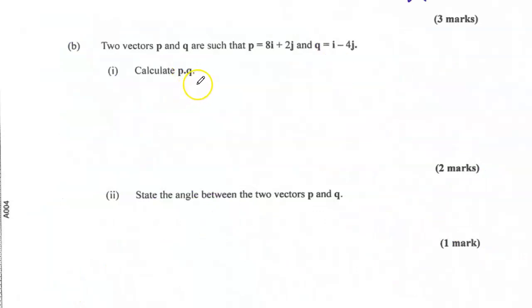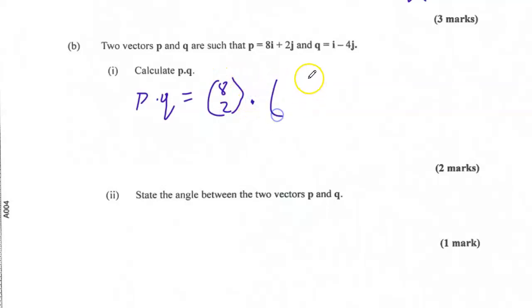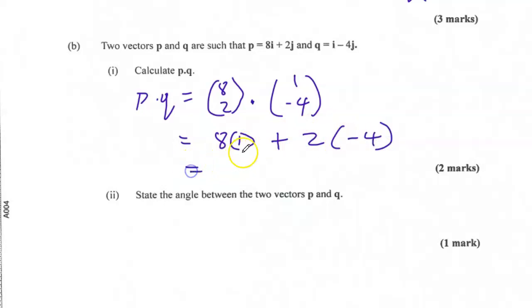So now we are asked to find the product of P and Q. So the vector P is 8i plus 2j, and the vector Q is 1i, so 1 minus 4j. So that product is 8 times 1 plus 2 times minus 4. So it's 8 plus minus 8, that gives us 0.